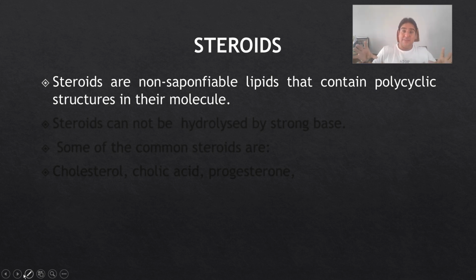Many cycles, ring structures. Fats and lipids, straight chains. Steroids, rings. Simple lipids, simple glycerol with chains of fatty acids. Compound lipids, lipid with carbohydrate, lipid with protein, like that. And steroid, ring structures. Okay?